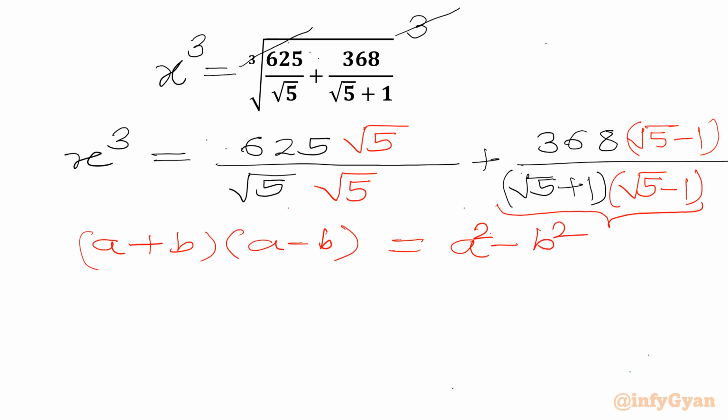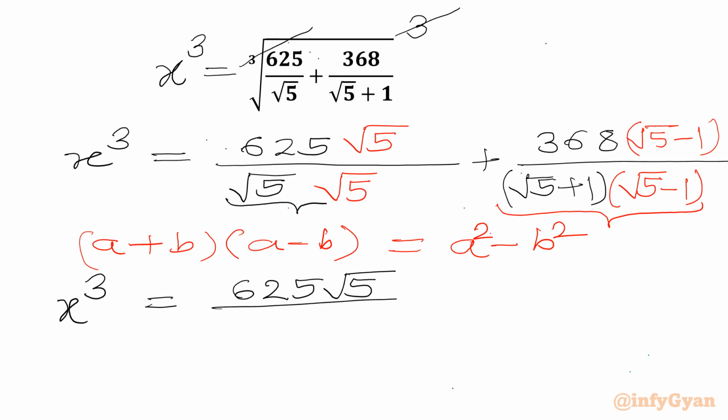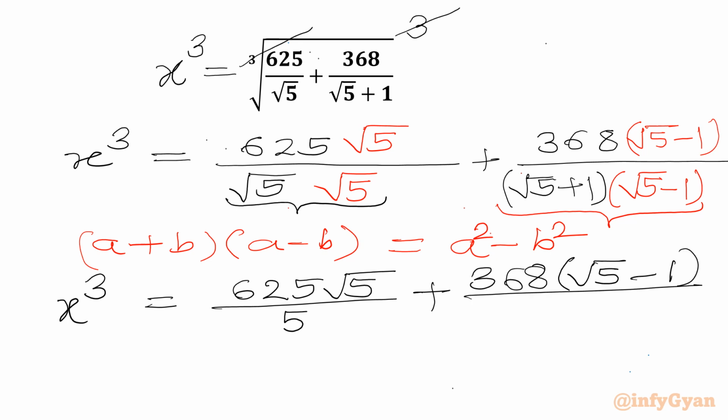So I will be writing x cube equal to 625 square root 5 over square root 5 times square root 5, which will be 5, plus 368 times square root 5 minus 1 over root 5 square minus 1 square. Now we can cancel 625 with denominator 5. It will give us 125.